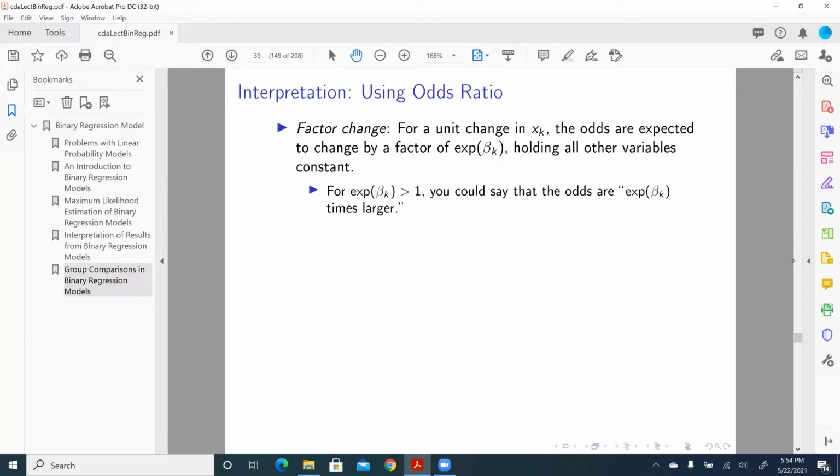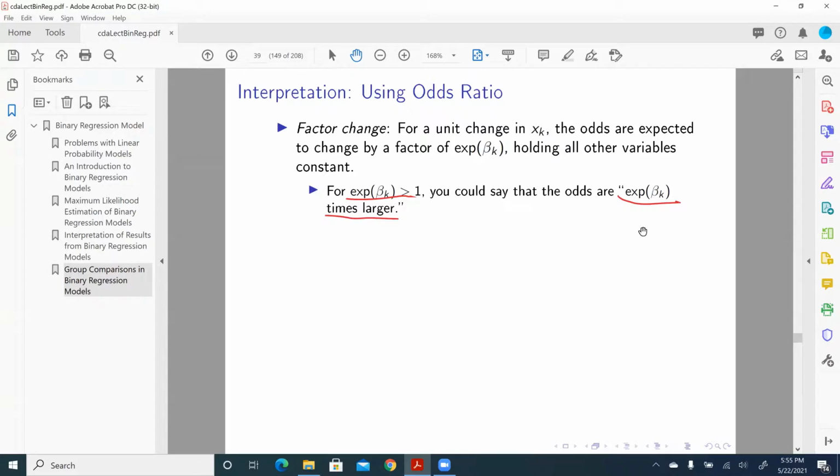If the value of the exponential function of beta k is greater than 1, we could say that the odds are that amount times larger. So if it is 1.5, let's say, then we can say 1.5 times greater or larger.